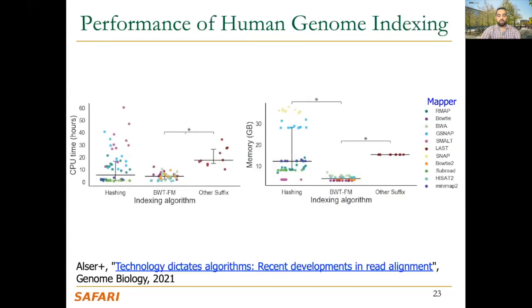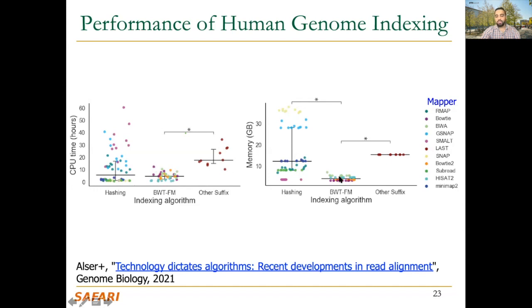Now, in our work, we analyzed all existing methods of building the index. You can see a wide variety of compute time and memory utilization, or peak memory, for building the index. And you can see that hashing is not always the best, and the Burrows-Wheeler transformation is not always the best. For example, the hashing methods are always faster than this purple Burrows-Wheeler transformation tool.